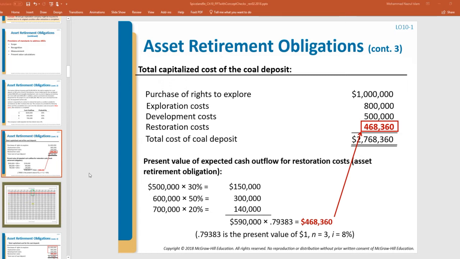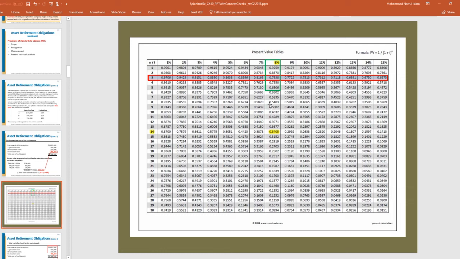So let's see how to find the present value of $1, where the number of periods is 3 and the interest rate is 8%. Okay, so let's go to the table. So here is the table. We can see. So first of all, we need to find the n, meaning the number of years is 3. So we'll be running this way, okay, this way, and then 8% interest.